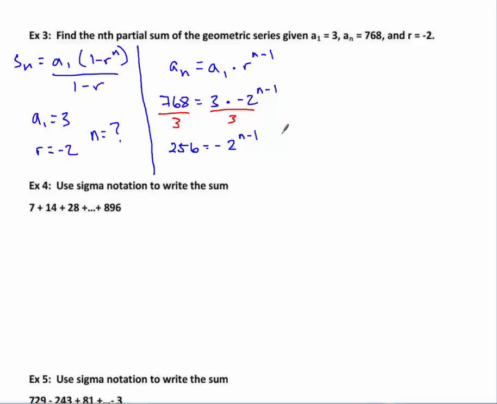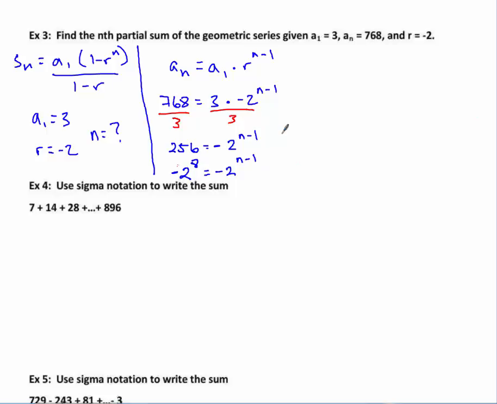But if you think back to our exponent rules and how we work with exponents, 256 is 2 to the something, right? Now we have a negative 2 here, so we're going to see if we can do negative 2 to the something. And you just take your calculator and check real quick. 256 is negative 2 to the 8th. And that equals negative 2 to the n minus 1.